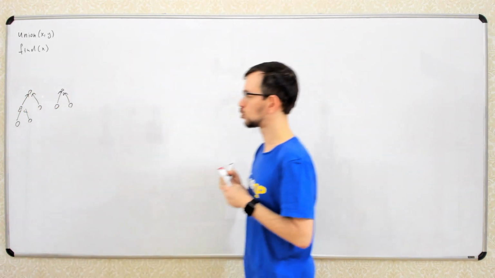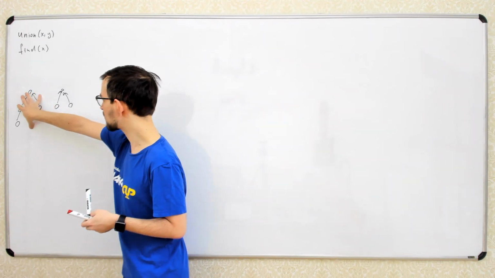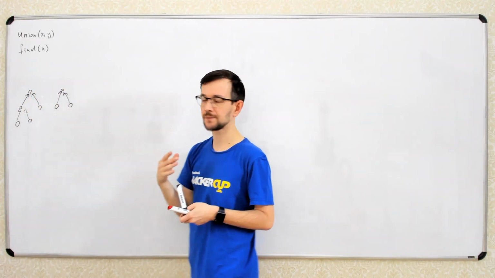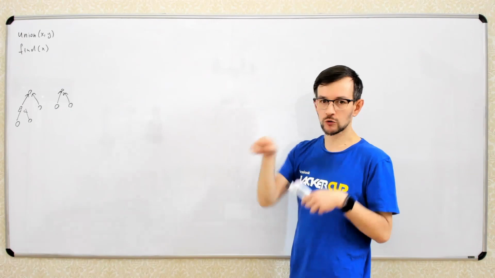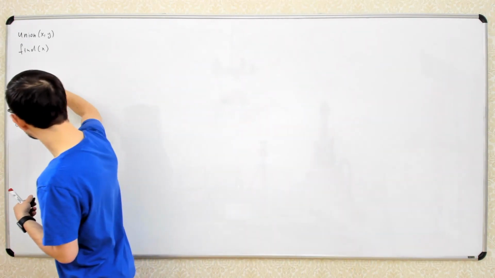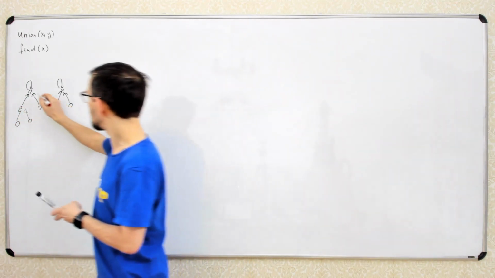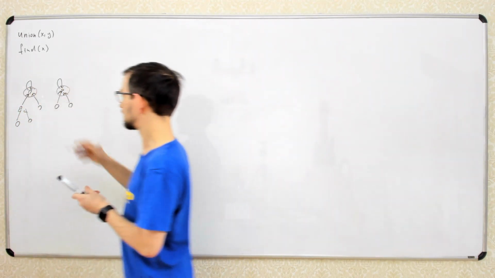Here we have two sets: one set of 5 elements and another set of 3 elements. The root of the tree is the representative of this set. So this element is the representative of the set.